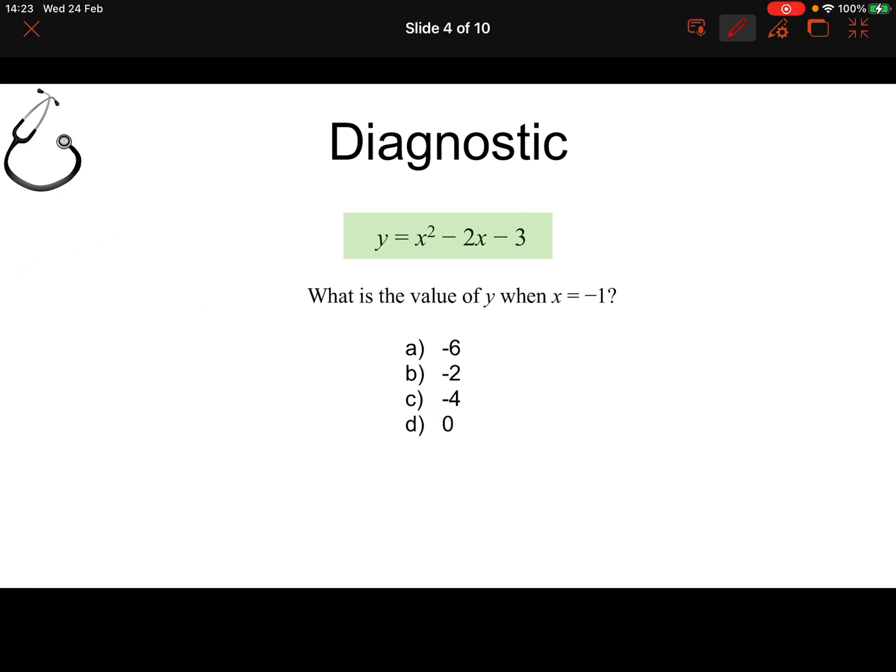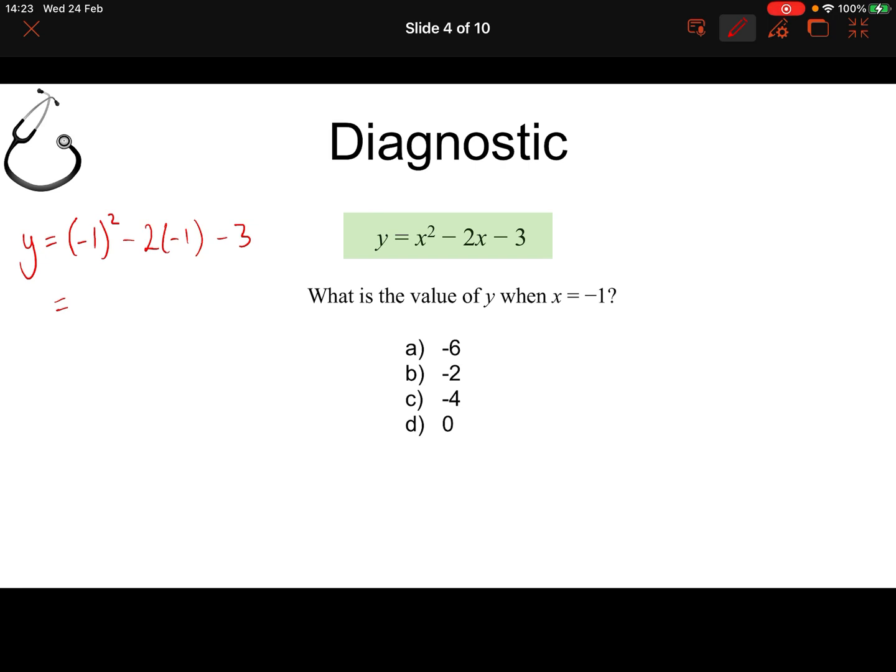Okay, what is the value of y when x equals negative 1? So substitute -1 into the expression. Use a bracket, please, because you'll get it wrong if you don't. Okay. Right, again, the first thing we're going to need to do is the indices.